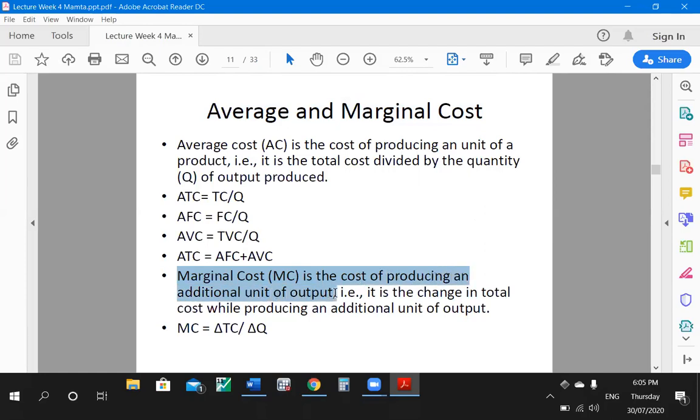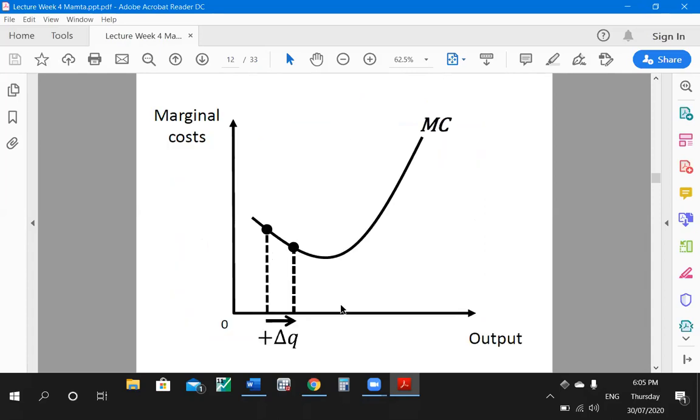To produce one extra unit, how much do you have to pay more? How do you calculate it? Change in total cost divided by change in quantity. That's how you calculate marginal cost. This is the graph for marginal cost.